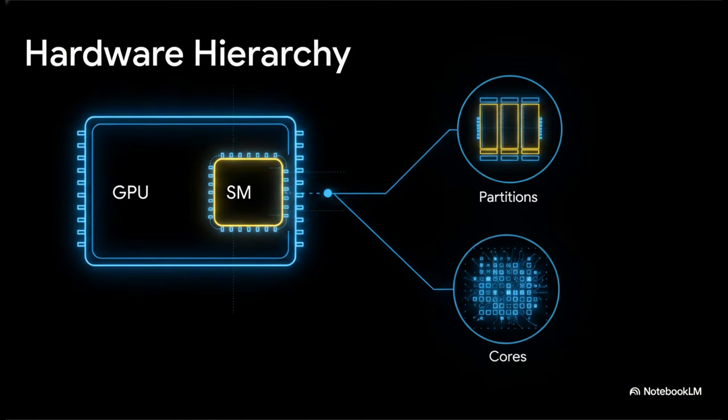And just like our software, the physical chip scales down structurally too. The whole GPU chip has many SM factories. Inside, modern SMs are actually split into smaller subsections called SM partitions, and each of those gets its own scheduler. Zoom all the way down into those partitions, and boom, you find the physical cores. These are the actual hardware units doing the heavy math lifting, like CUDA cores or tensor cores.